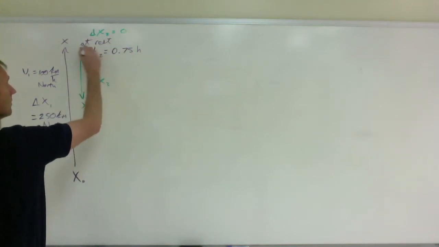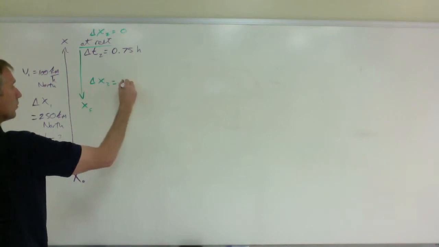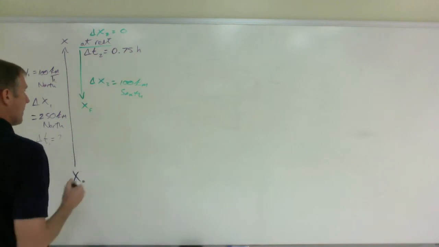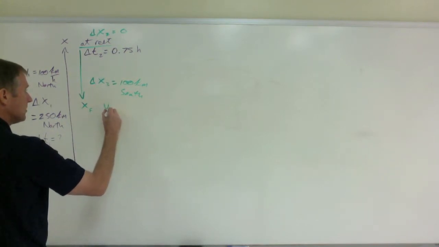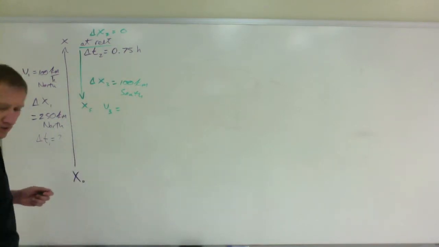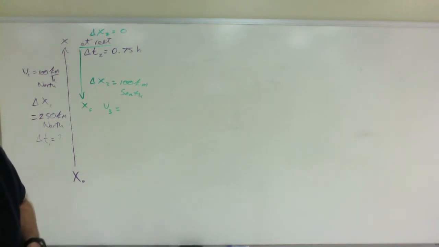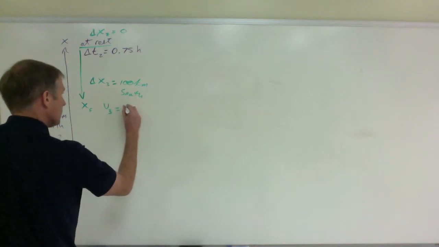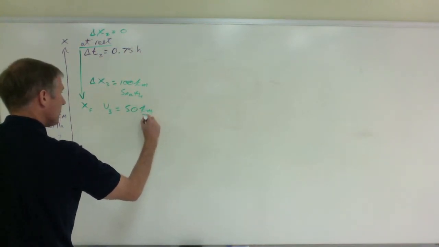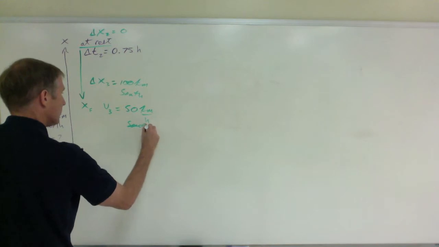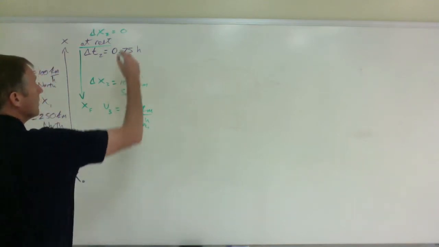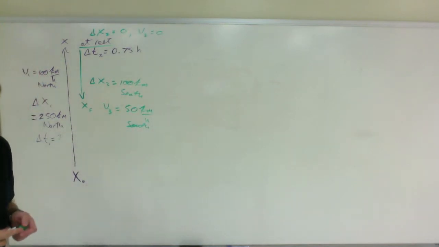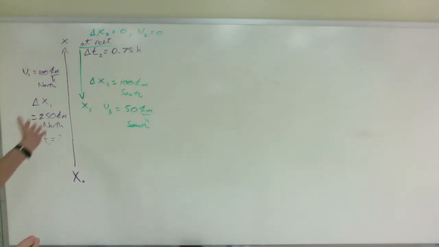She's at rest. This one is 100 kilometers south, at a speed and corresponding velocity of 50 kilometers per hour south. The corresponding velocity during the second segment is, of course, 0. She's not moving. So there's all that information.